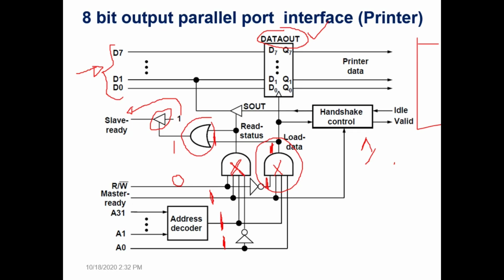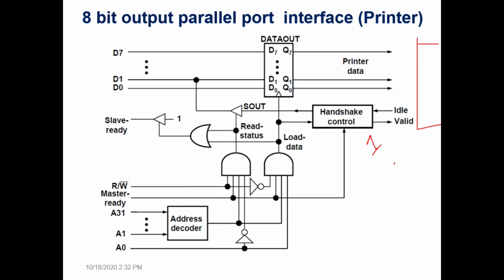Now what happens next? Now data has reached the data out register, and the interface circuit knows that the idle bit is read high by the printer, indicating that the printer is free.